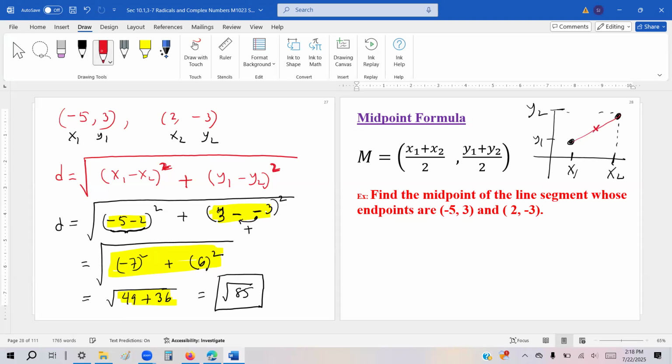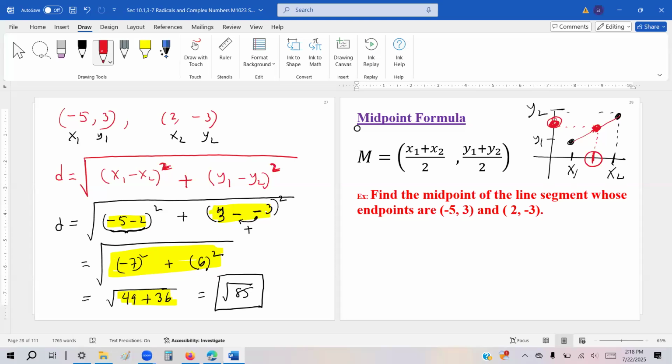So we can guess this is our middle, right? Exactly in the middle. So how can we find the middle point? Well, it's easy. It says take the half of x1 and x2 and take the half of y1 and y2. That's the middle point.